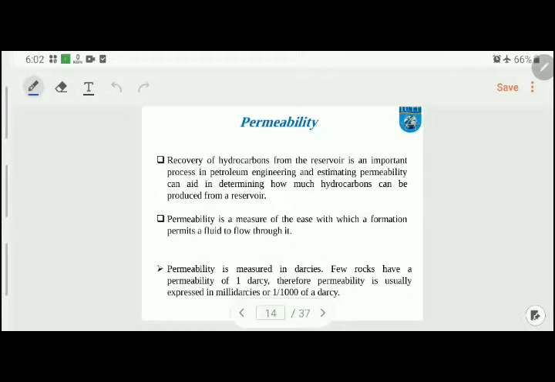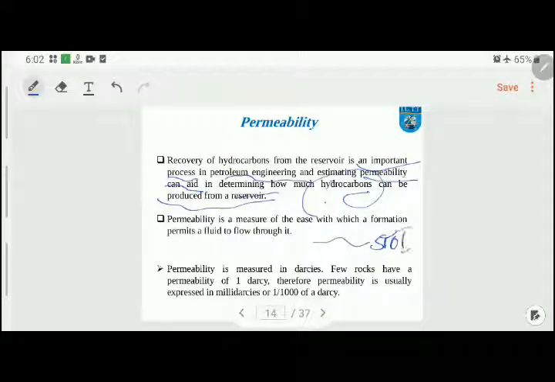Permeability: the recovery of hydrocarbons from the reservoir is an important process in petroleum engineering, and estimating the permeability can aid in determining how much hydrocarbon can be produced from the reservoir. That means if we know the permeability, the porosity and the saturation, we can calculate something called the STOIIP, which we studied in semester 1, how much oil can be produced from the reservoir.